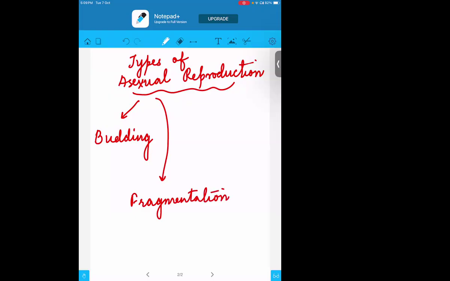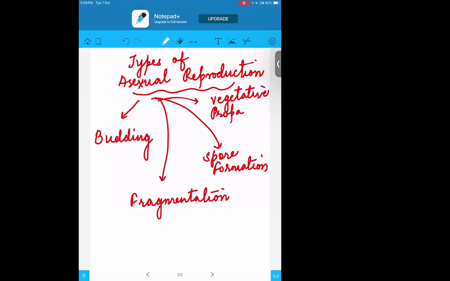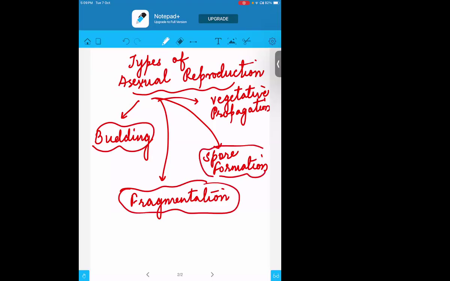The third one is called spore formation. And the last one is called vegetative propagation. So four types are there: budding, fragmentation, spore formation, and vegetative propagation.